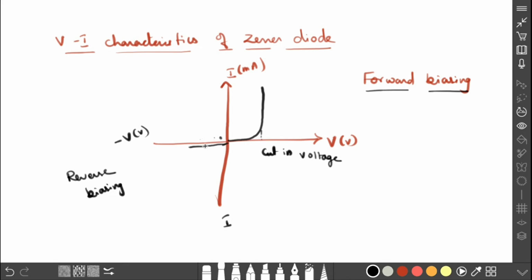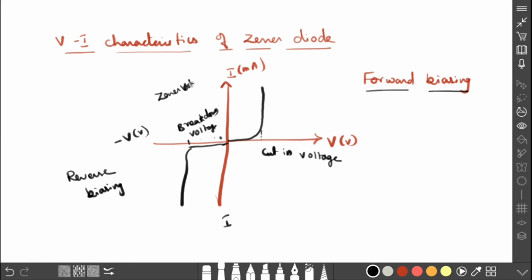That current is called leakage current, or reverse saturation current. But once it reaches the breakdown voltage, the current increases rapidly. This voltage is called the Zener voltage, or breakdown voltage.